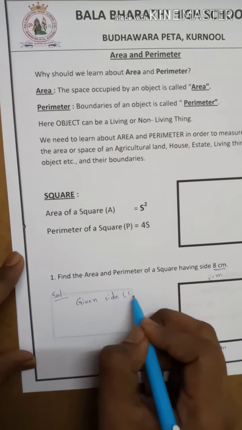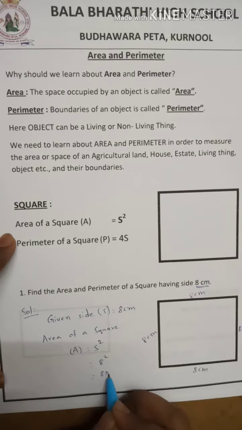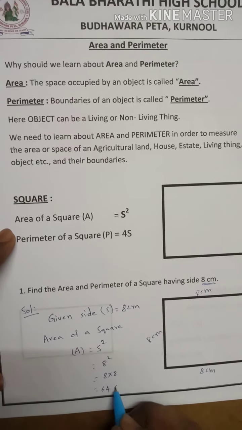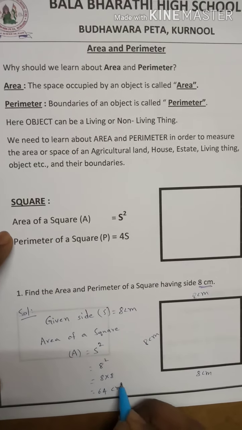What is the S value? 8 centimeters. 8 square can be written as 8 into 8, that is equal to 64 centimeter square. If you observe carefully, here I have written centimeter square. So centimeter square is the unit for area.